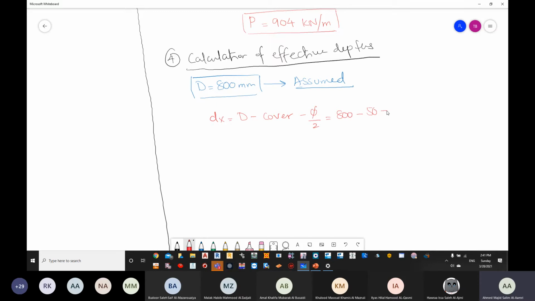For the diameter, I'm going to assume 20 mm, since the loading is a bit high, so 20 divided by 2. Or rather than always using 20, let us change a little bit and use 16. It will come out to 742 millimeters.